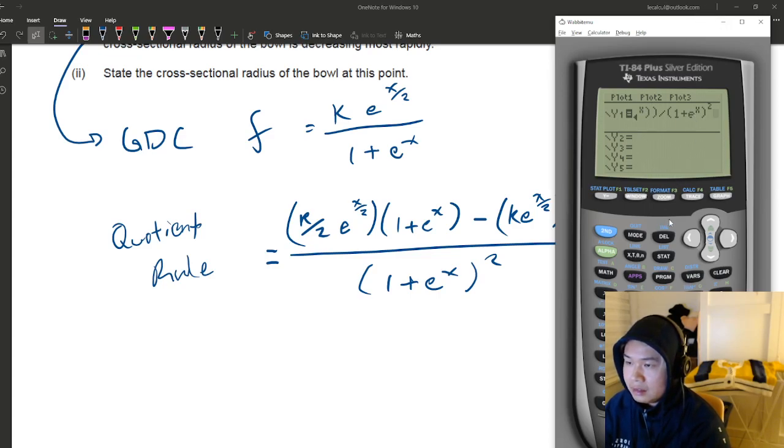Okay. And then my window is from 0 to the natural log of 16. Graph it.